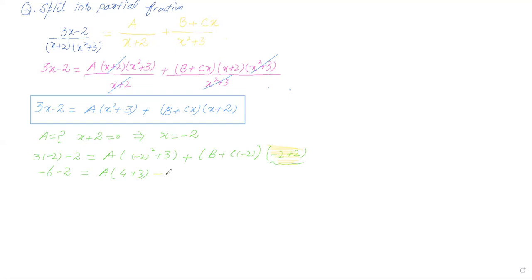So plus 0 over here. Now the remaining terms: minus 8 equals 7A. Ultimately, the value of A will be minus 8 by 7, if I am not wrong. So the value of A is minus 8 by 7.